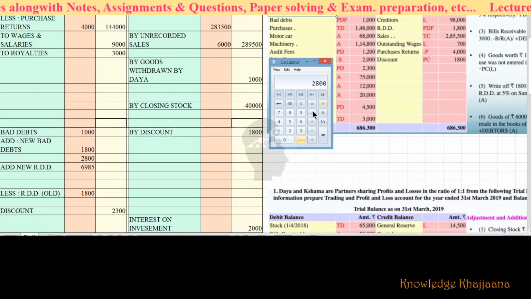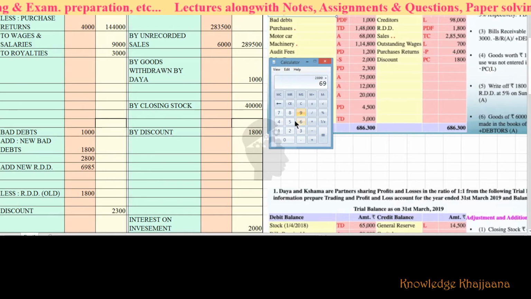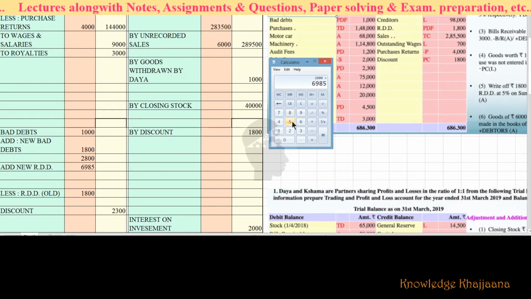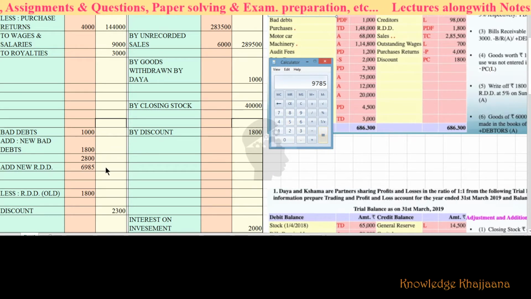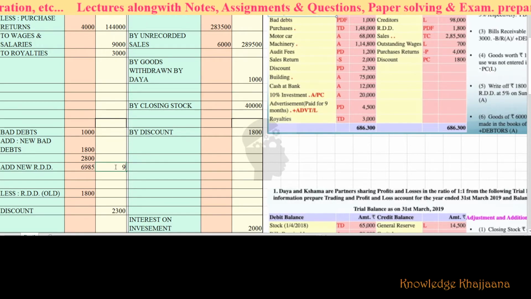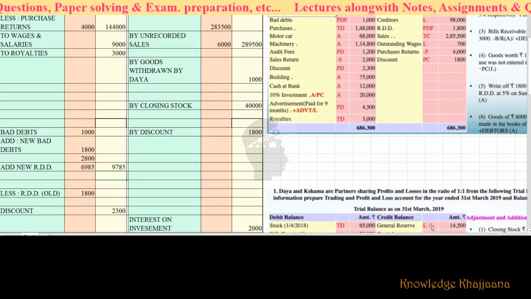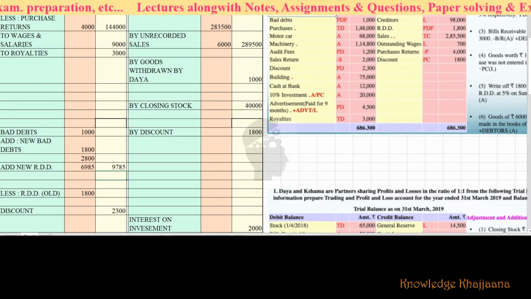So 1,800 plus 6,985 is equal to 9,785. Okay, so we have done all the adjustments over here.